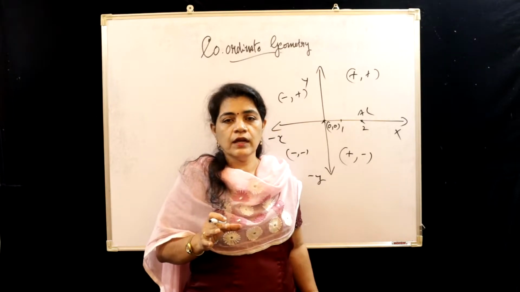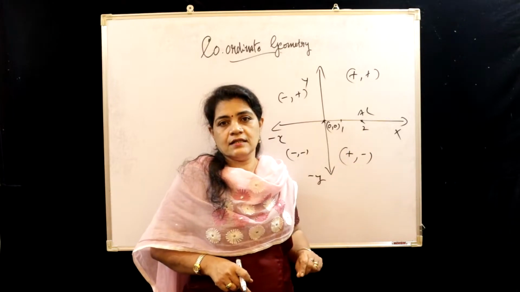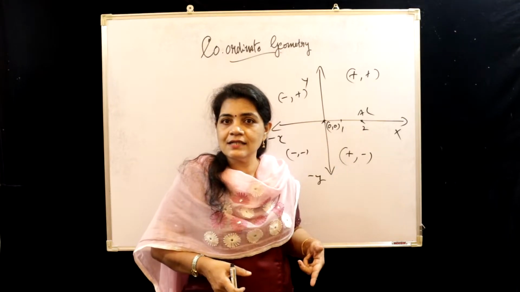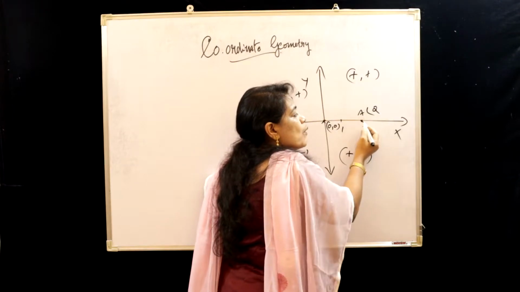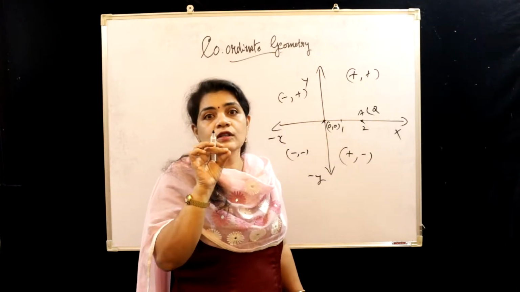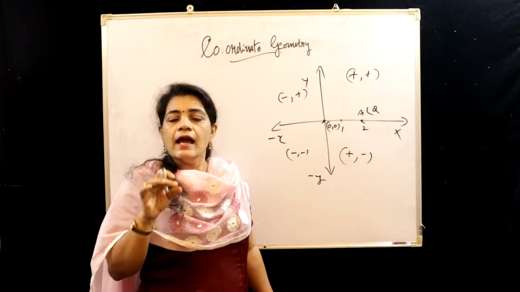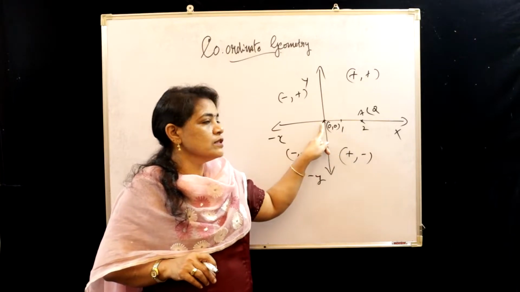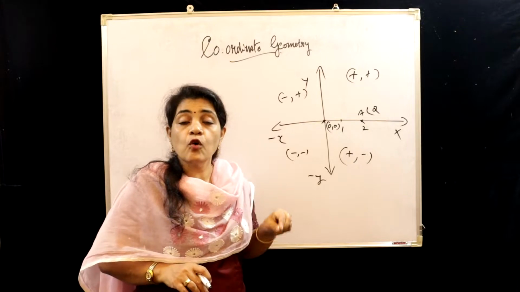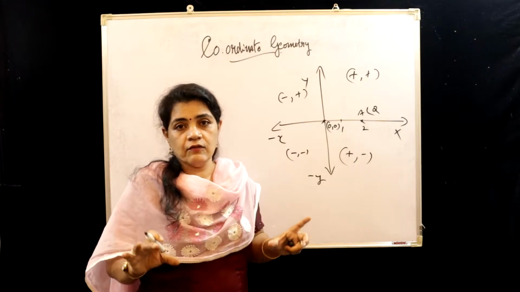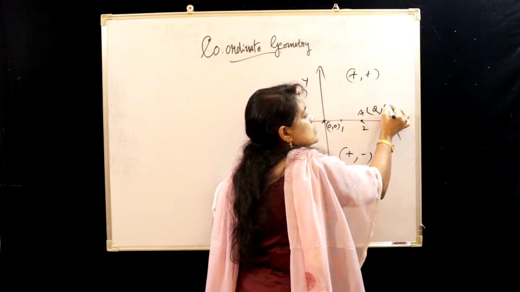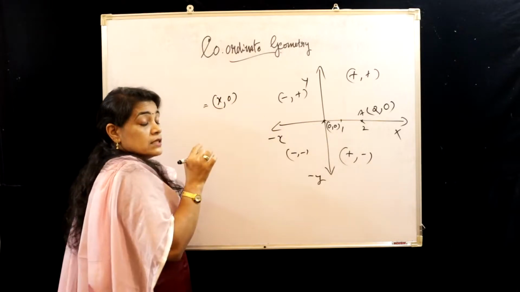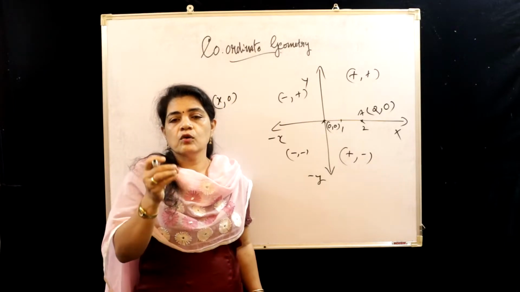Since the point lies on the x-axis, it is already on the x-axis, so the point itself gives the x coordinate. From this point, draw the perpendicular towards the y-axis and it will meet at 0. So if a point lies on the x-axis, the y coordinate is always 0. That means 2, 0, or in general x, 0 is the coordinate of any point on the x-axis.